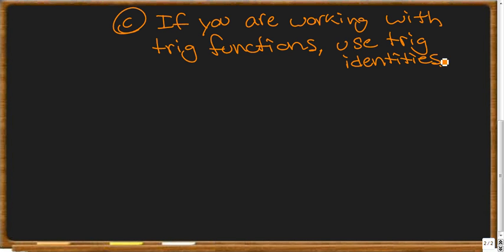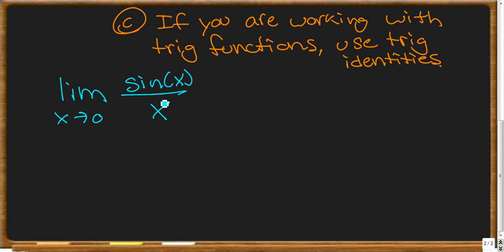Now there are two very important trig identities when it comes to limits. One of them is the limit as x approaches 0 of the sine of x over x. If you were to plug in 0, you would see that you would get 0 over 0, which we call the indeterminate form. Well, that means there's more work to be done.